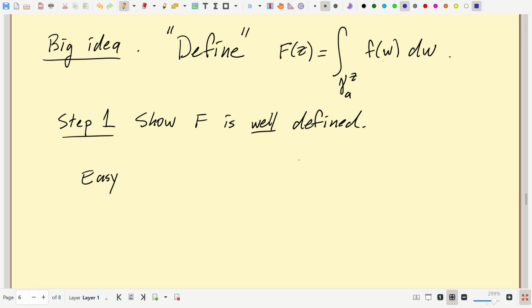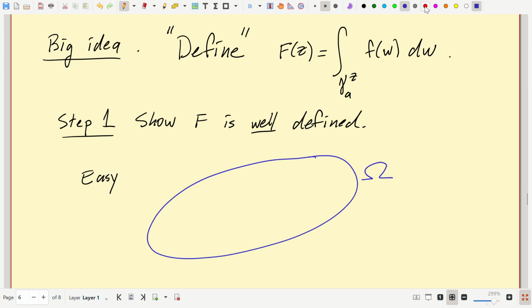I've got my blob, omega. If I have two curves, start at A, end at z, let's call this one gamma A to z, and let this one be gamma A to z twiddle.